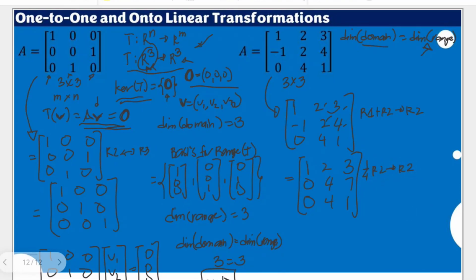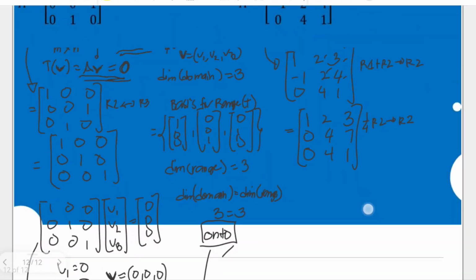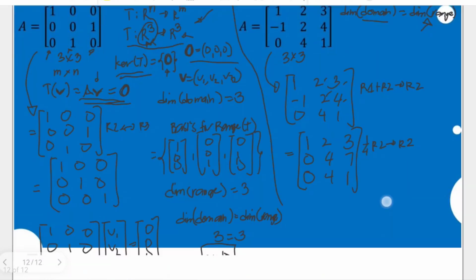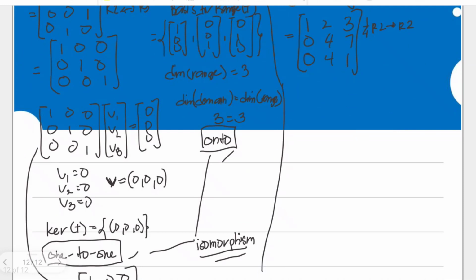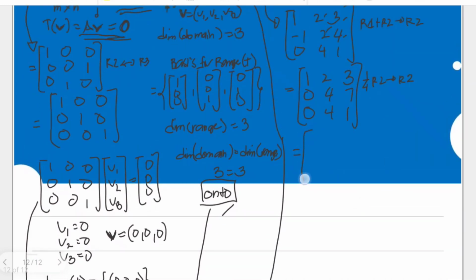Okay, so let me just separate this so that it will not be confused with the other steps. This is 1, 2, 3, 0. This is 1, that's 7/4. This is 0, 4, and 1. Next, to make this 0, we are going to multiply negative 4 to row 2 plus row 3 for row 3.